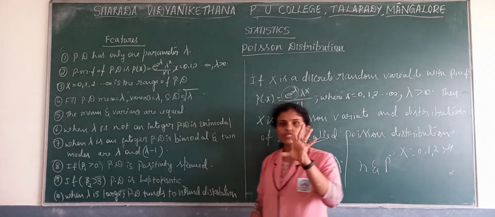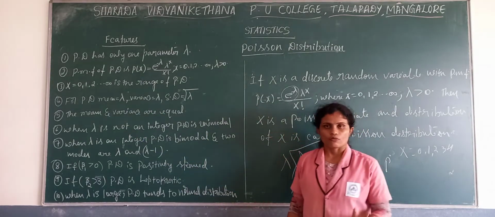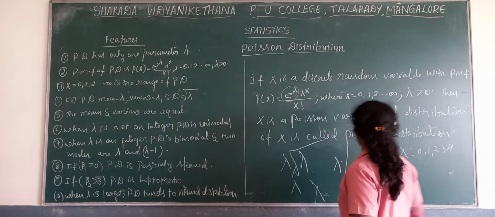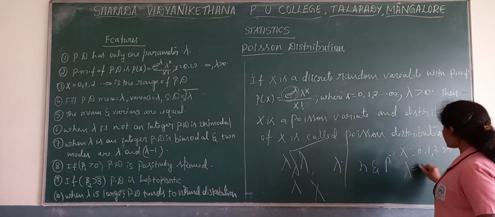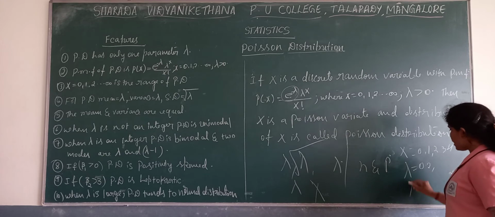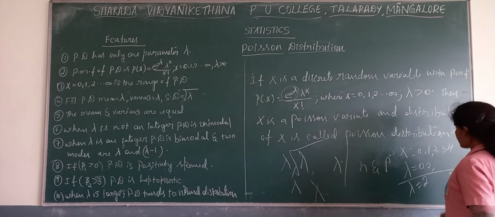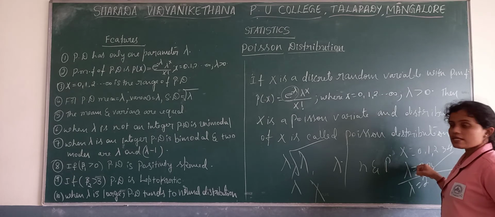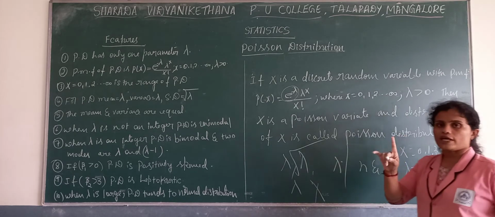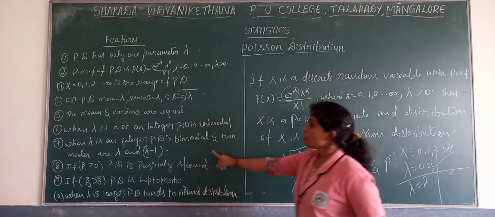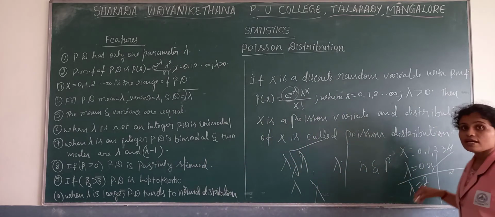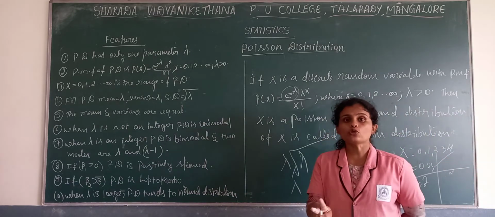That lambda value itself is the mode value. But when lambda is an integer, for example, lambda is equal to 2, two cases are there. If lambda is not an integer, it has only one mode. And if lambda value is an integer, we have mode values at 2 points.